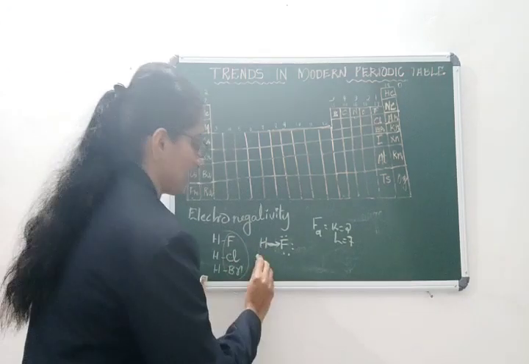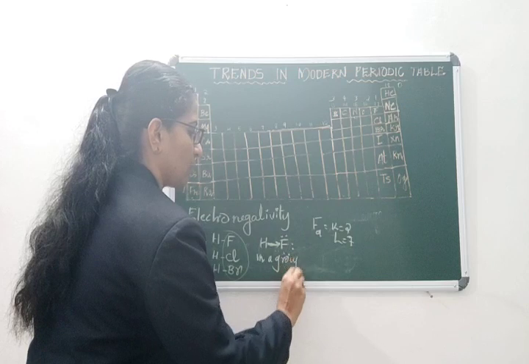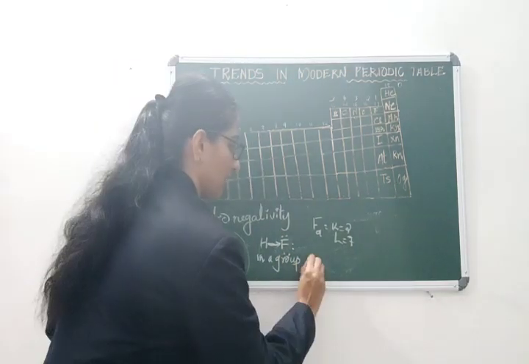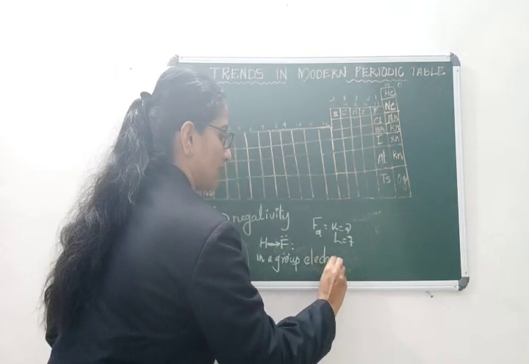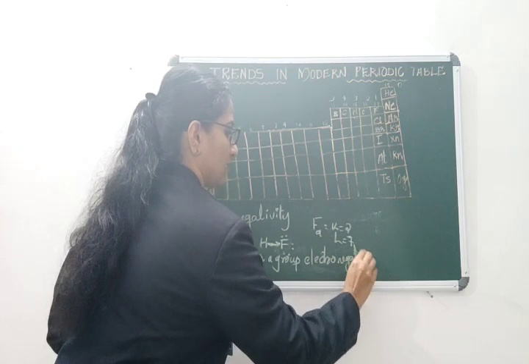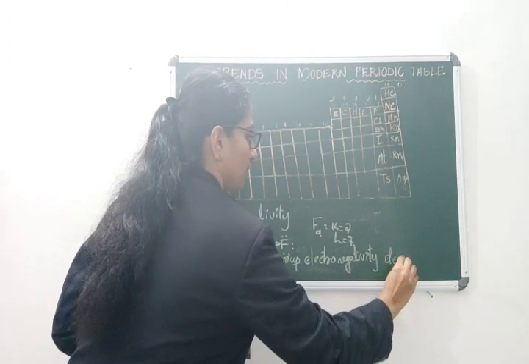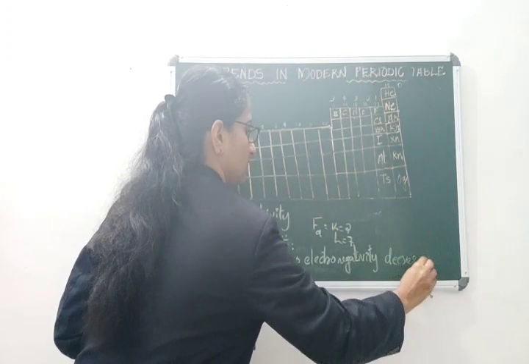So generally you can say in a group, meaning top to bottom, electronegativity decreases.